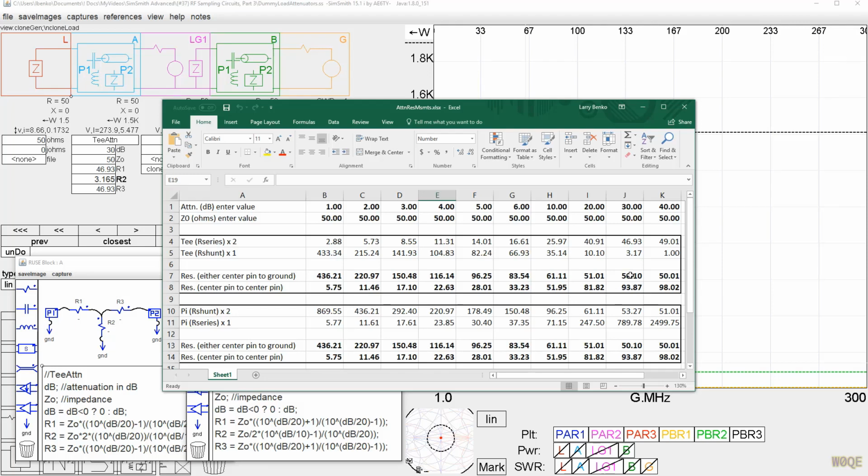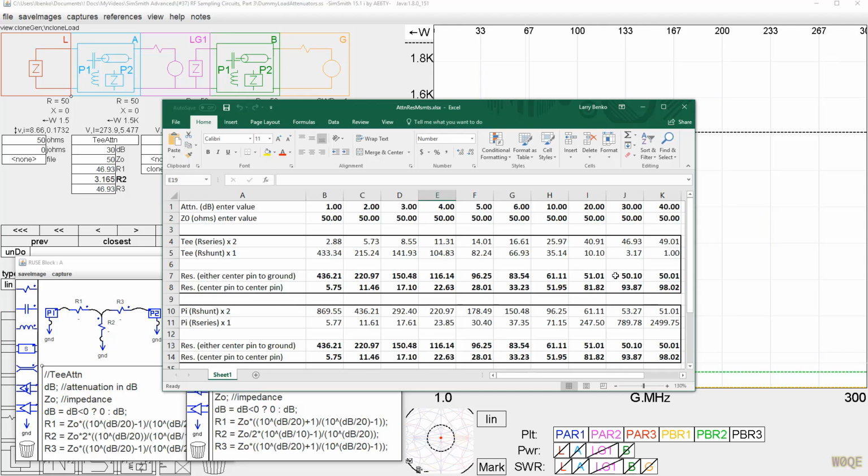If you go to a swap fest sometime and someone is trying to sell you a 30 dB attenuator, I'd take my ohm meter, and you need a high enough quality ohm meter that you can zero out the lead length. But I'd measure the input to ground. Both of them should measure just a little over 50 ohms, and from center pin to center pin, they should measure 93.8 ohms. If they don't do that and one of the sides is less, probably that attenuator got put in backwards and somebody blew it up.